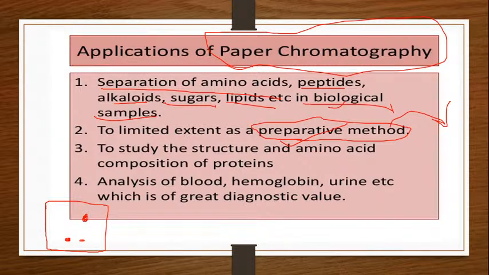These are all skills of your analyst, and that's why this technique has its own limitations with respect to its skill set requirement, which can be developed, but still it is one sort of disadvantage of paper chromatography.